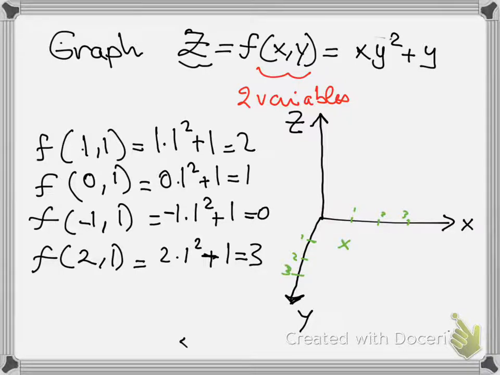And what I'm saying is f of 1, 1 is equal to 2, so the height, z, the image, is 2. So here's my point, and the image of this point is 2. Let's say this is z here, 1, 2, 3. So the image of this point is 2. So here's f of 1, 1.